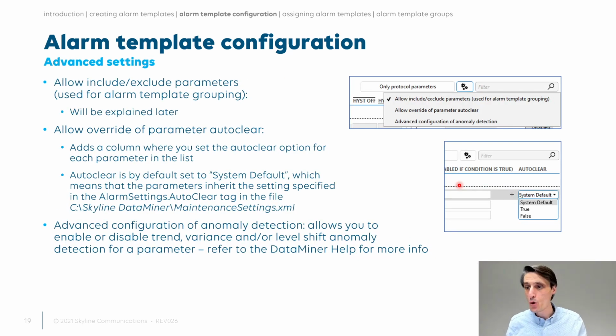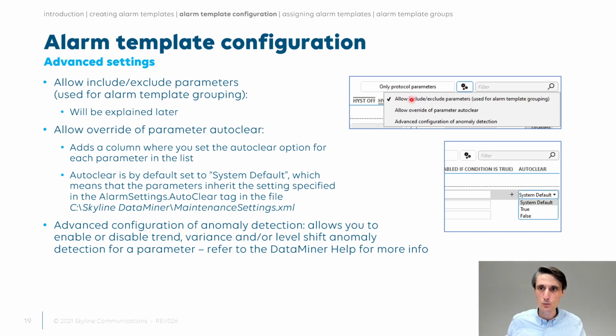Okay, some more advanced settings, you could say, because they are not shown by default. If you click on the cogwheels here, you basically have a couple of things we can show and hide. The first thing is the inclusion-exclusion of the parameters. I'll come back to that in the alarm template grouping. So that's for alarm template grouping.